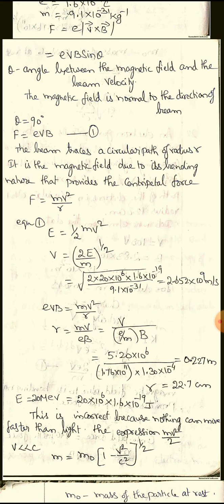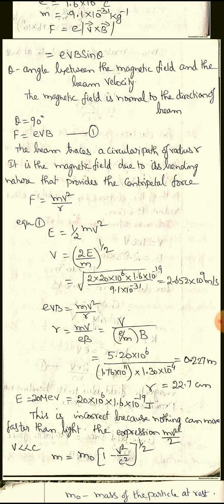If we take R outside, R is equal to mv divided by eB. Bring eB to this side, so that one v gets cancelled and you get only one v. So R is equal to v divided by e by m into B. B value is 5.20 into 10 to the power of 6, as given in the sum.